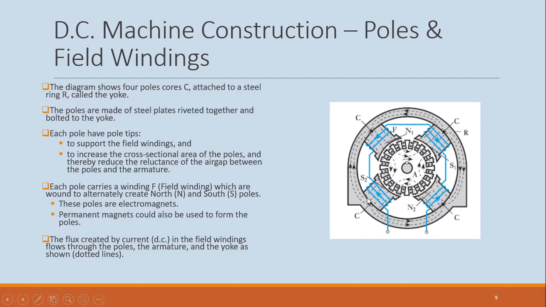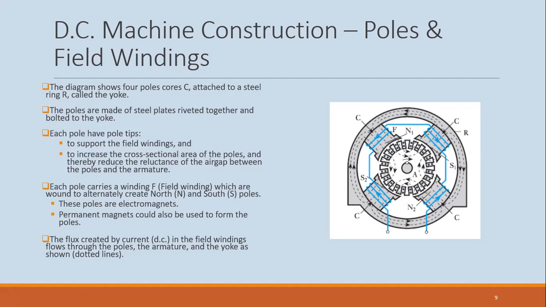So flux going in both directions. And the same thing happens here. For the other North Pole, N2, flux goes to S1 and S2. So the dotted lines are indicating the travel of the flux through the machine.